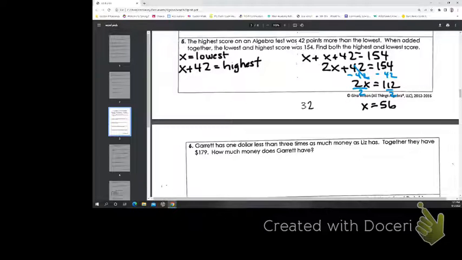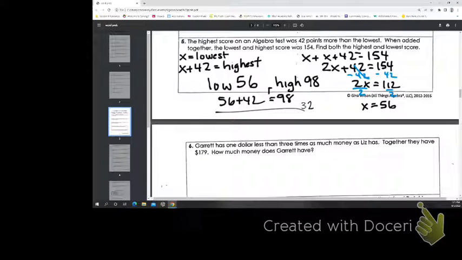So that 56 is the low. So low score was 56. And then 56 plus 42. High score then is 98. Then we'll turn the page and we will do that problem about Garrett and Liz.